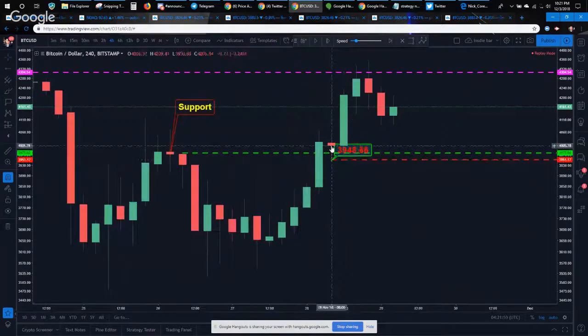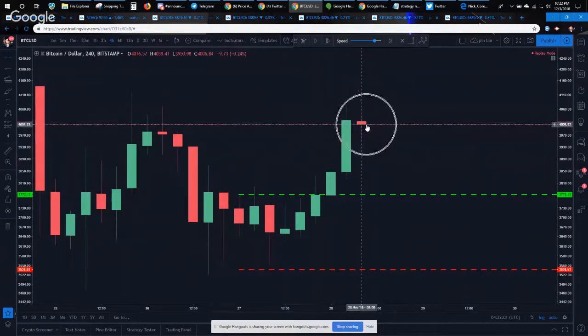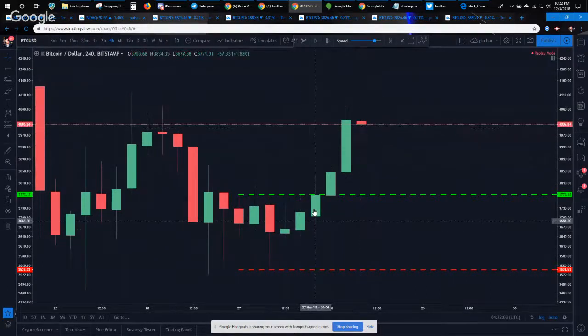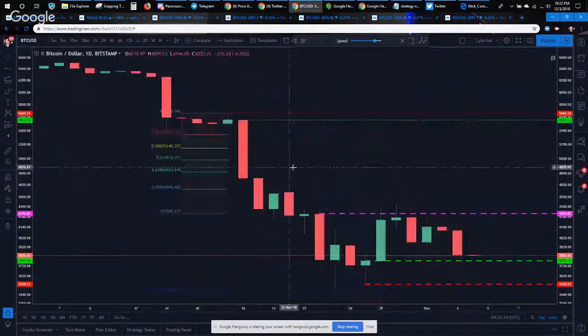Right there. So let's say we'd missed it, or we would like to add to our position. We're feeling very confident. Then we trade the successful inside bar because we have a clear trend going upwards, and it did end up playing out pretty perfect. So that one wasn't quite a failed one, but that is a typical inside bar where you could add to your trade or continue it.